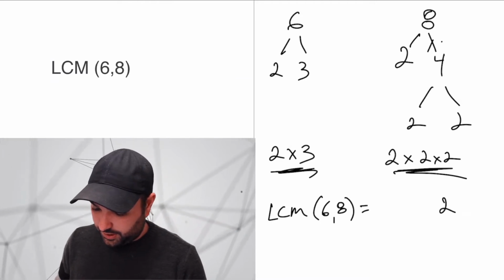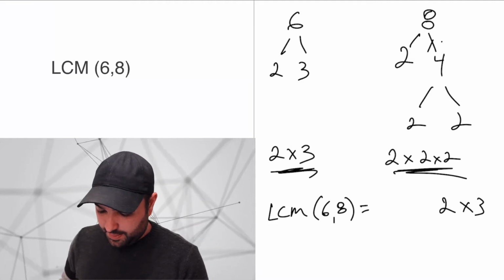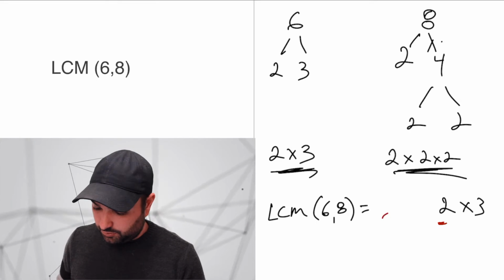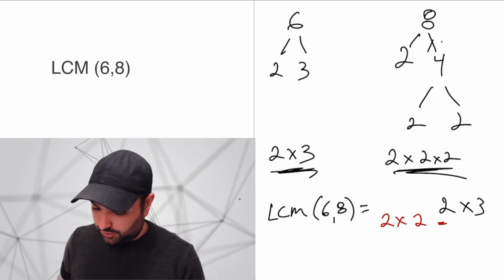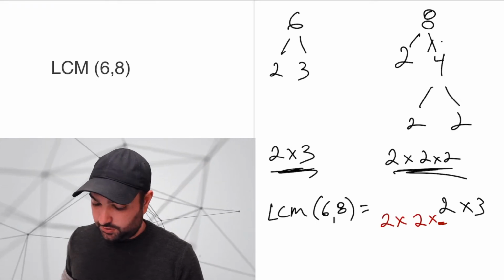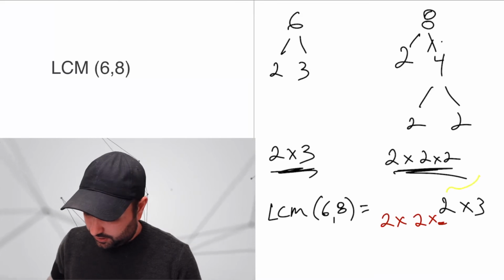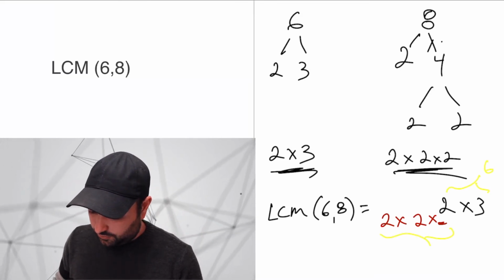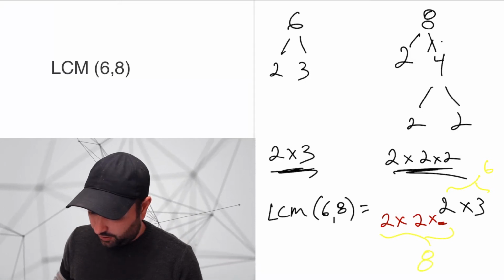equals. Now we know that we're going to have a 2 times a 3. Well, I have one 2 here, and so what I need is two more 2s. So I need 2 times 2 and then times this 2 here. The 2 times the 3 is the 6, and the three 2s that we have here are the 8.